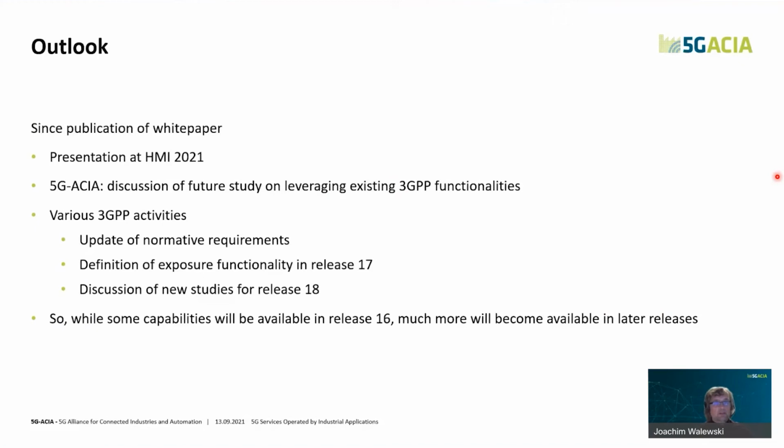In 5G-ACIA, we now have a paper that features many requirements, and we are now looking to study how the existing 3GPP functionalities, meaning up to and including release 17, can be leveraged.